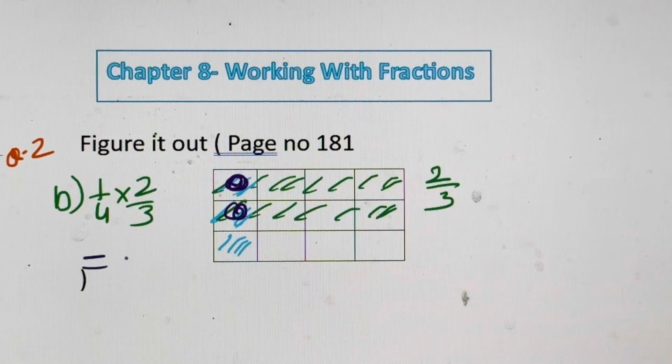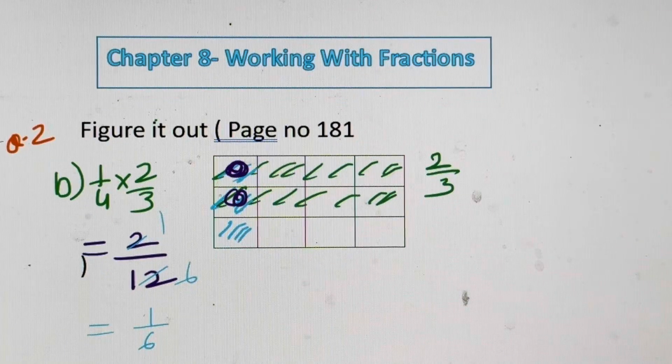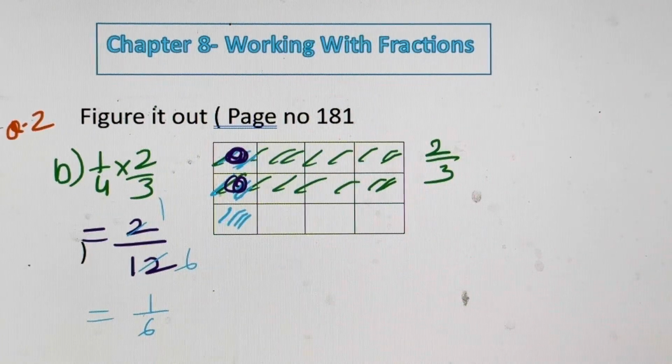So the answer is 2 upon, total are 1, 2, 3, 4 and 1, 2, 3, 2 upon 12 is the answer. Now this can be reduced. So 1 upon 6. So final answer will be 1 upon 6 for this question. 1 upon 4 into 2 upon 3 is 1 upon 6.